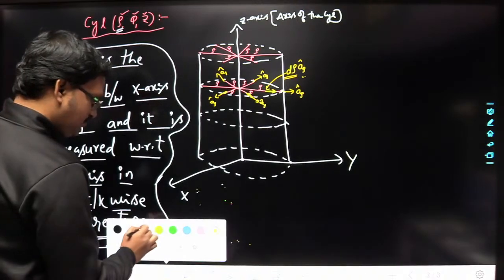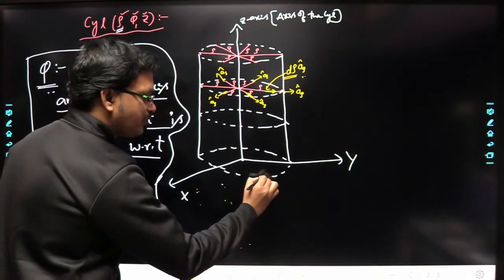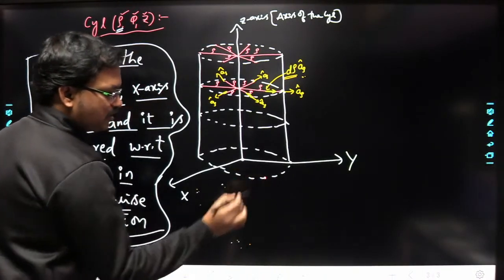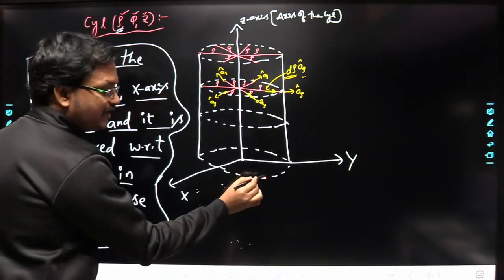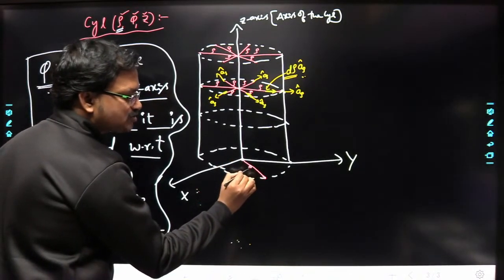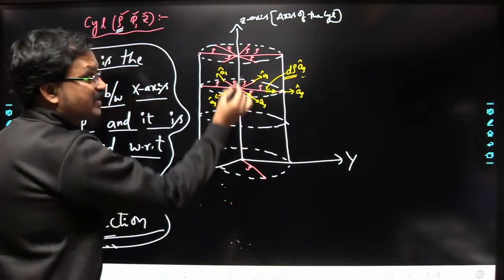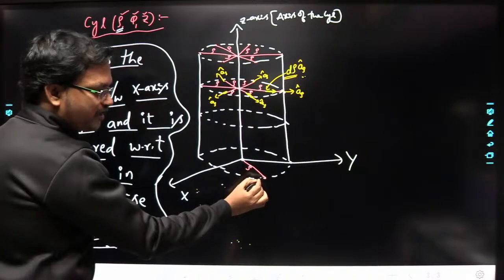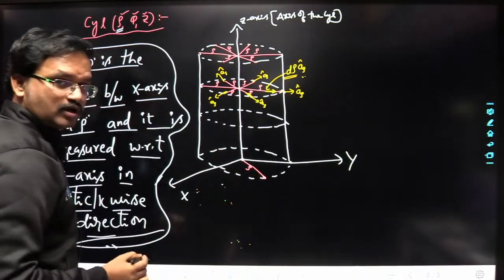Let us assume a point here. Understood? So now this point is at a normal distance rho from the z-axis. This is the z-axis or not? Yes or no? So from the z-axis, this point is at a normal distance rho.